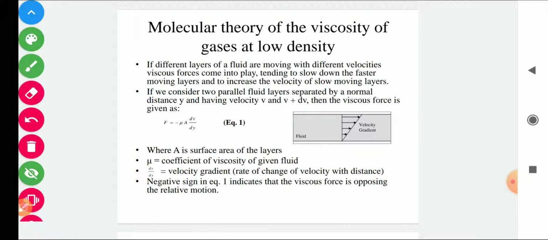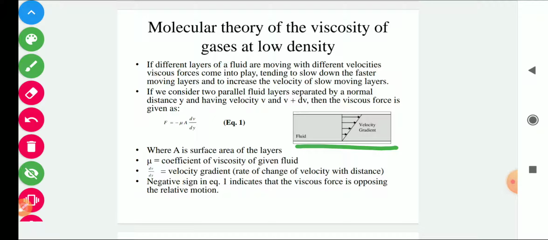the fluid is moving between these two plates, in which the lower plate is stationary and the upper plate is moving with a velocity v. Due to viscous effect, the layer in contact with the lower plate also has zero velocity, because the lower plate is stationary.